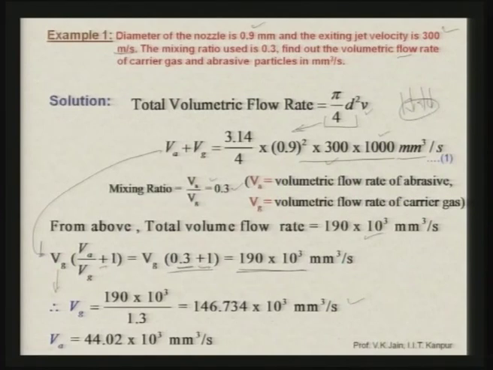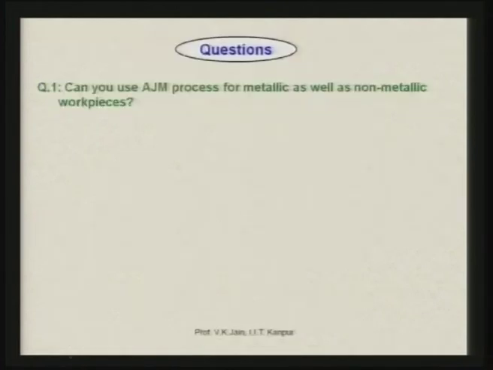Now, if we know the carrier gas flow rate, we can also calculate the abrasive flow rate, and that comes out to be 44.02 into 10 raised to power 3 cubic millimeters per second. In this way we can calculate the volumetric flow rate of abrasive particles as well as carrier gas.